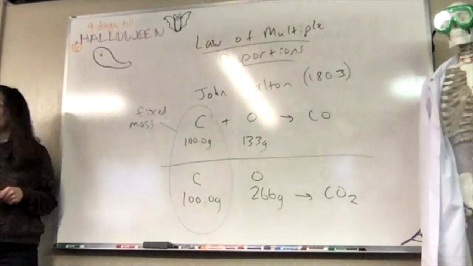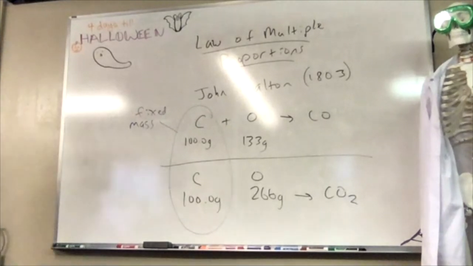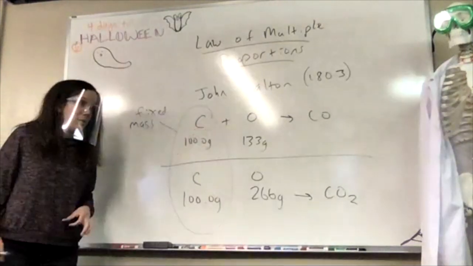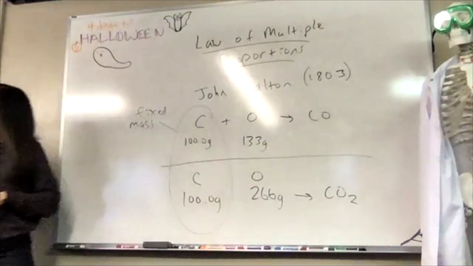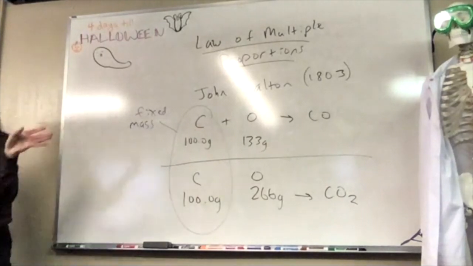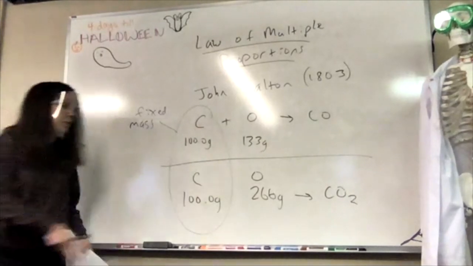Exactly. And so he determined that you can look at the same elements, but in different proportions. And based on different proportions, you might get a different product. So that's the first part of this law. There's two parts to the law, but that's the first part of it.